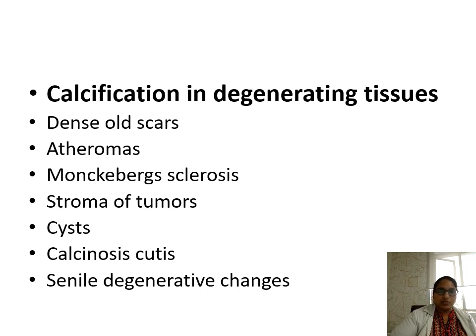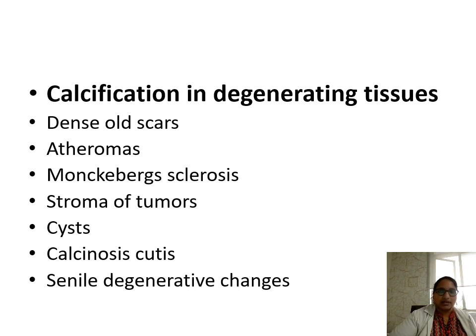It is called Monckeberg's medial calcific sclerosis, and calcification may also occur in the stroma of some tumors, cysts, or calcinosis cutis. It can also be a part of senile degenerative changes. Calcinosis cutis occurs just under the skin.